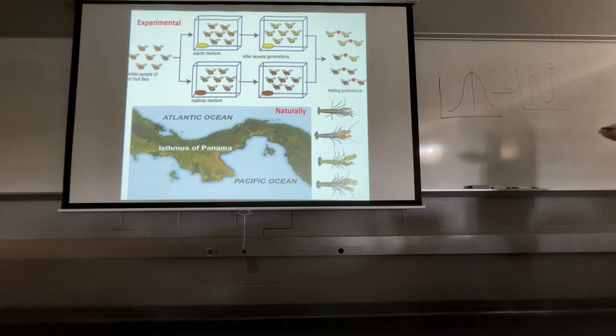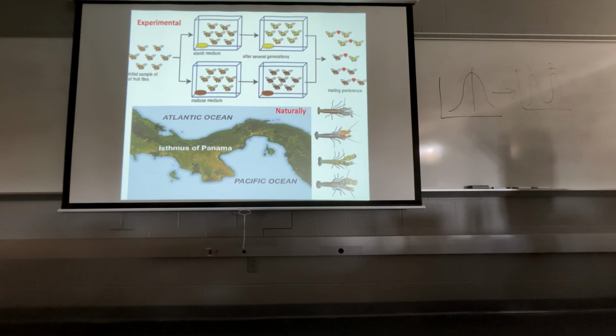And so when you do that and then bring them back, take a few of the females and males after 60 generations and put them in the same jar and let them interact and breed. Interestingly, the starch flies only want to breed with the starch flies, and the maltose flies only want to breed with the maltose flies. So that it's like 15, 16 to 1. 16 out of 17 times, the maltose picks the maltose and the starch picks the starch.